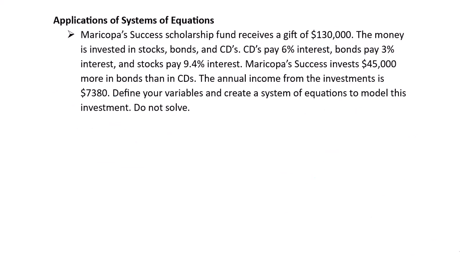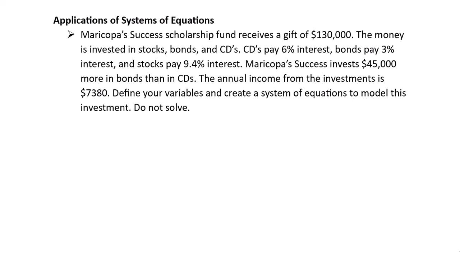All right, now let's look at this application of systems of equations. Maricopa's Success Scholarship Fund receives a gift of $130,000. The money is invested in stocks, bonds, and CDs. CDs pay 6% interest, bonds pay 3% interest, and stocks pay 9.4% interest.